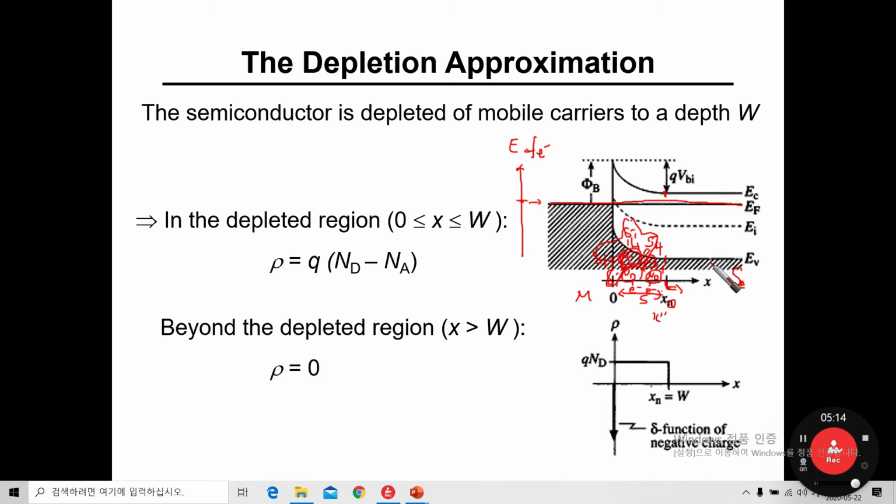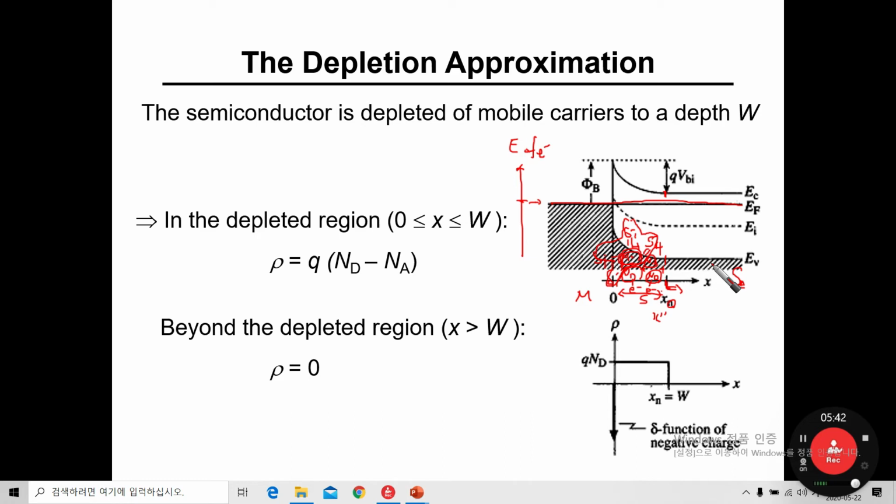This event happens across the silicon material. But as we have learned, when metal is contacted with semiconductor, many electrons diffuse out at the interface, so that electrons are depleted near the interface of MS contact.